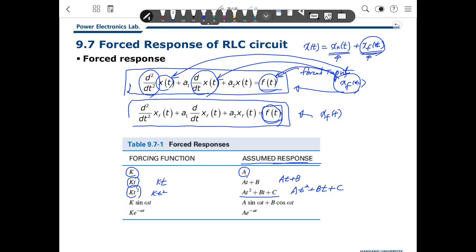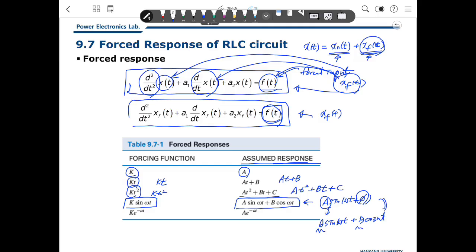If the input function is sinusoidal like that, then the forced response form is also sinusoidal. There is a more general form of the sinusoid: A sine of omega t plus phi, or it can be expressed with two variables, a and b, which is the same case.